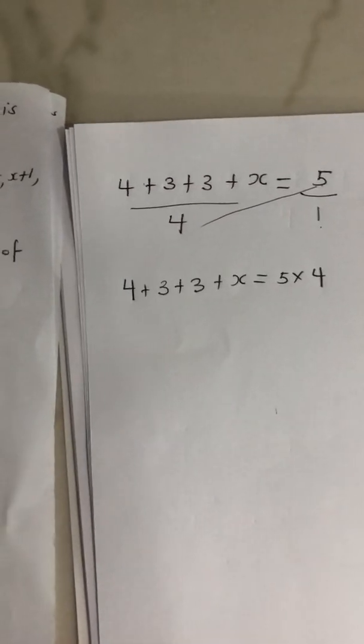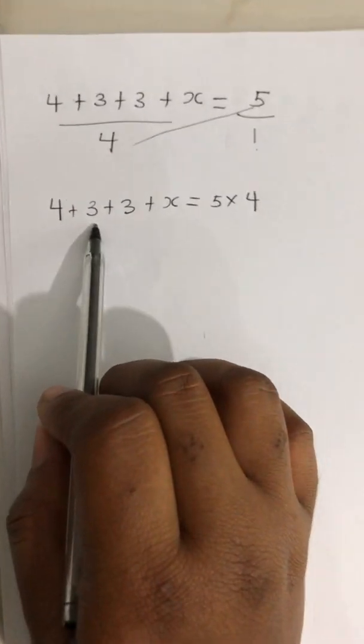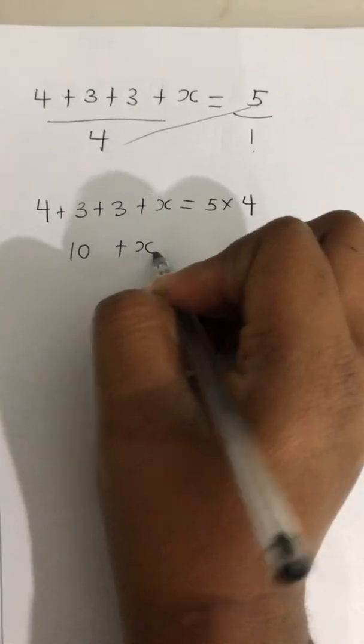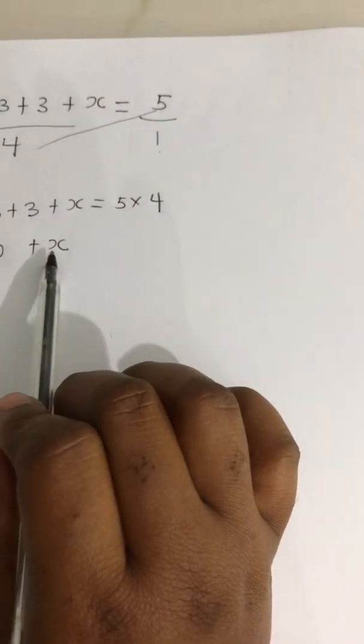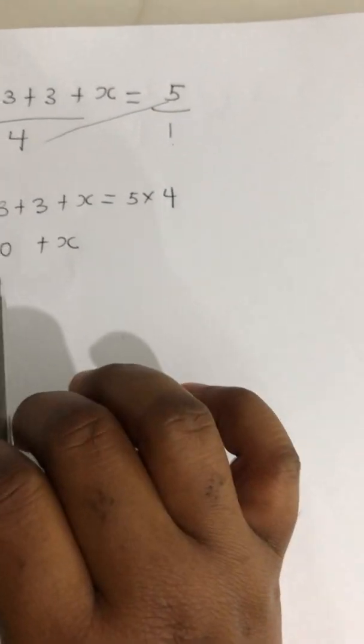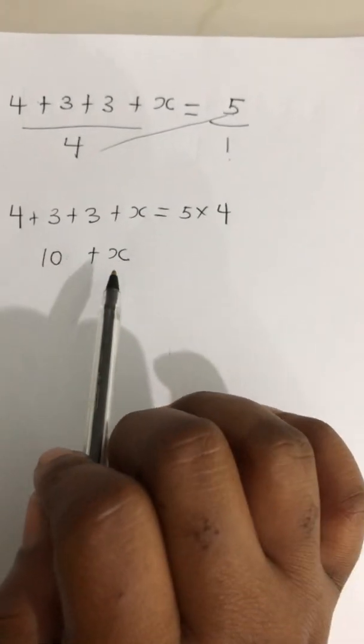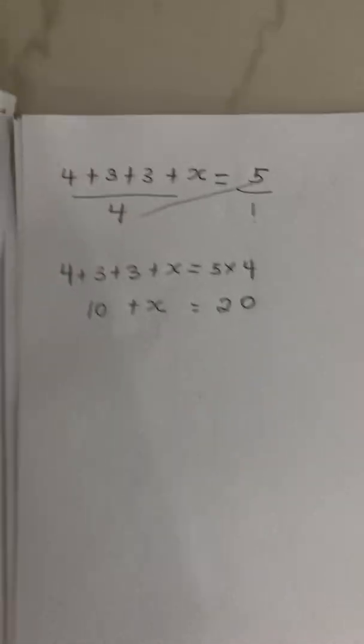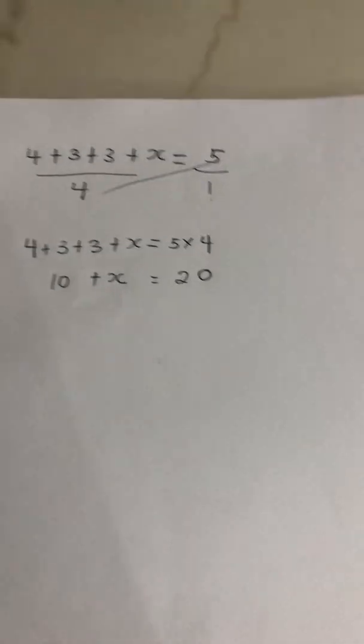So 4 plus 3 is 7, and we have 7 plus x. You cannot add 7 and x, they are two different things. So you have your 7 standing on its own and you have your x standing on its own, all equal to 20. Right.